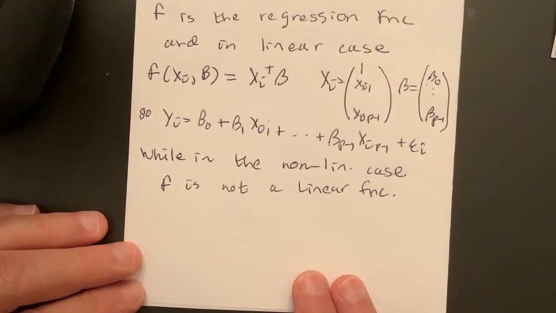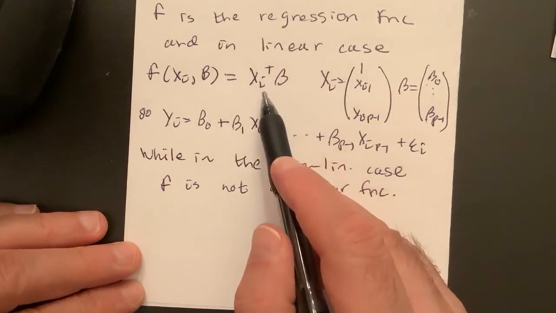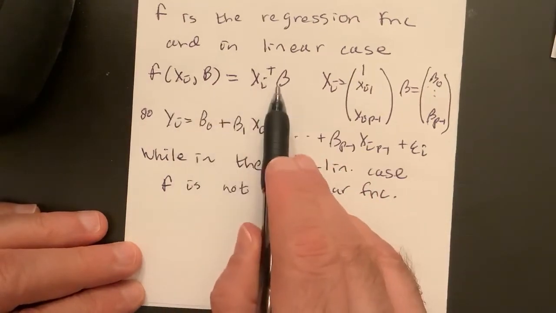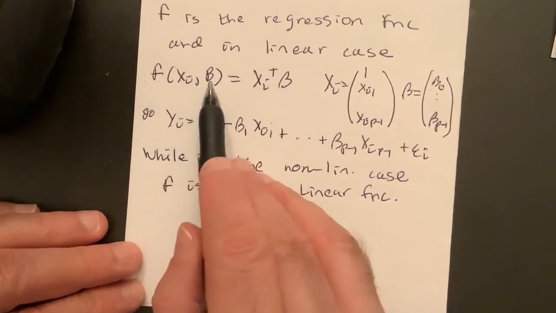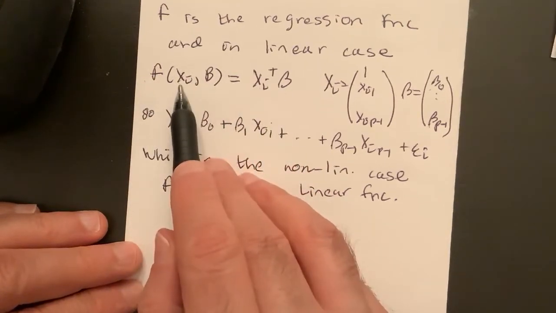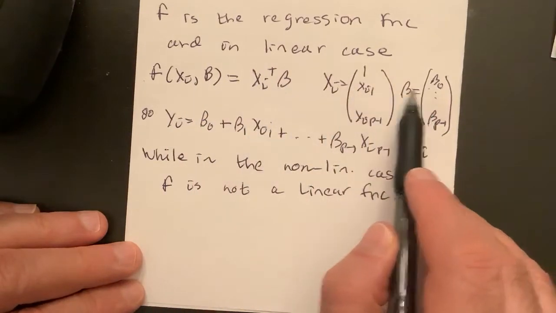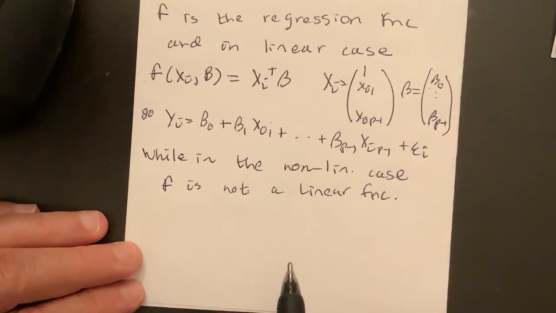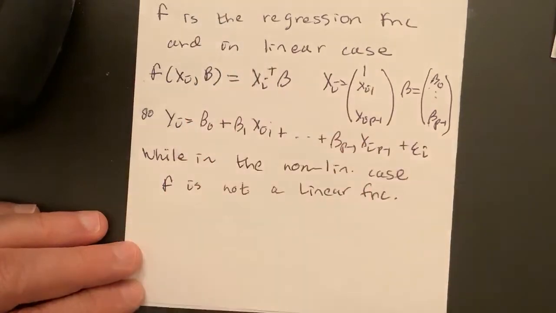Here I have, so this means linear in beta. So I start with a function. I'm thinking this is a function of beta where these are just constants. And I end up taking a linear combination of beta here. So what I'm saying, in the nonlinear case, I cannot write this as a linear combination of gamma parameters, okay?